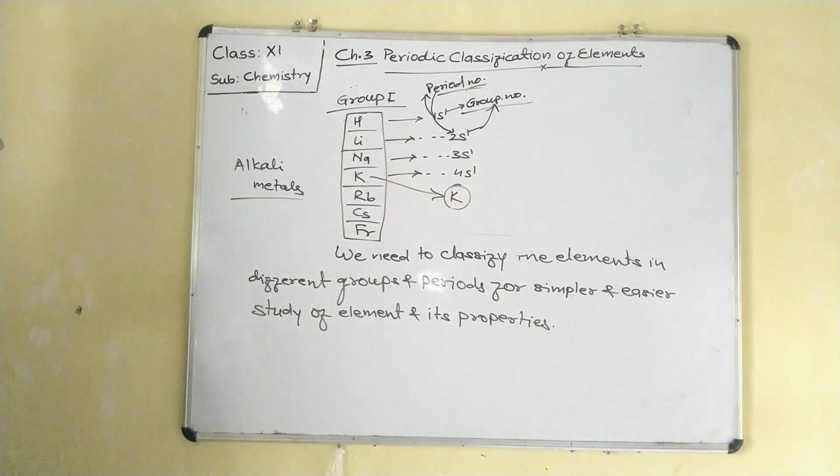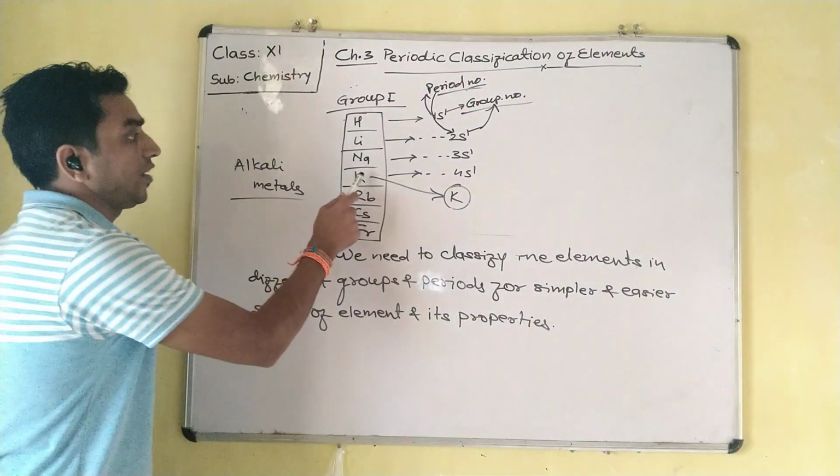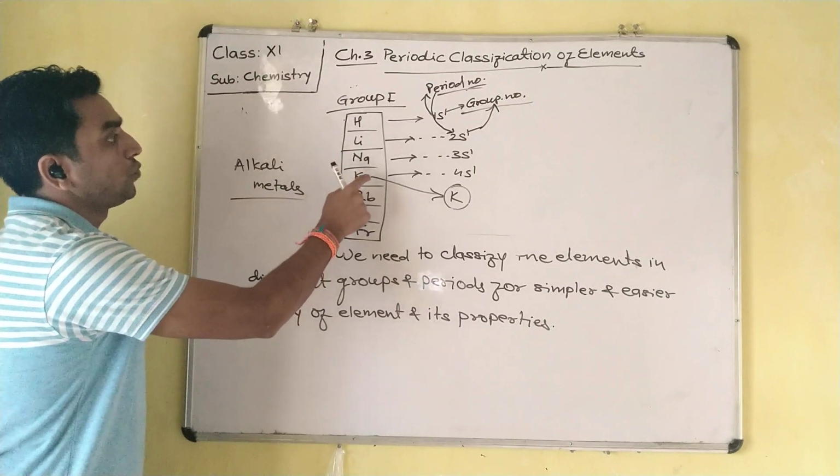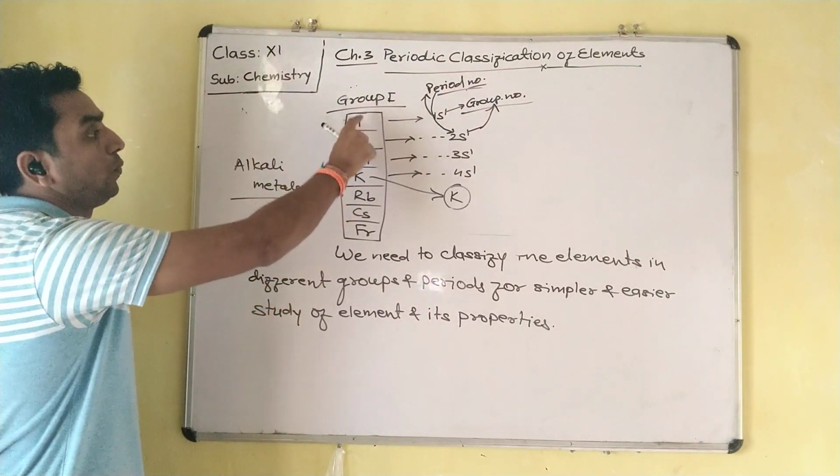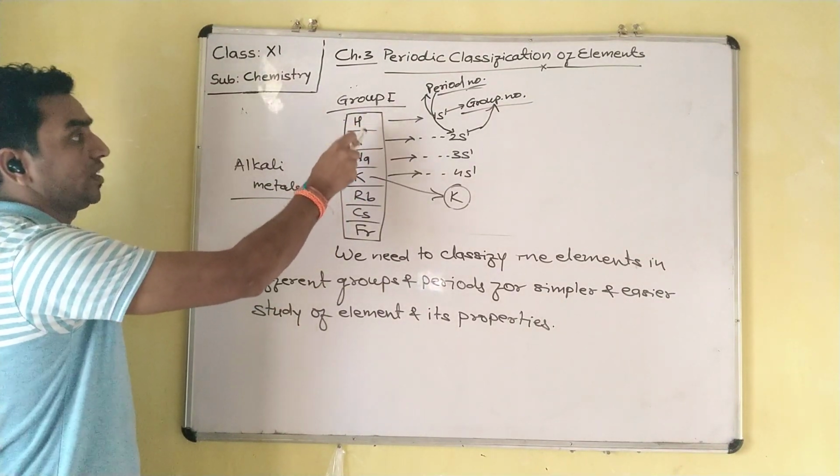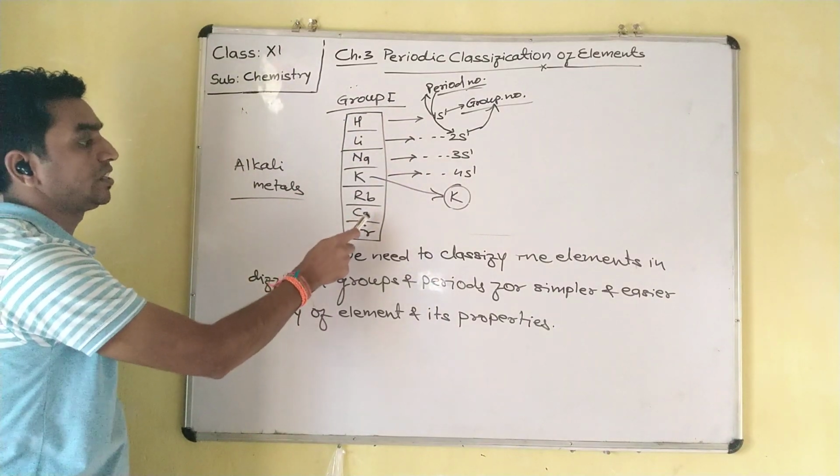If we know the properties of potassium, we can predict the remaining elements of group 1: hydrogen, lithium, sodium, rubidium, cesium, francium.